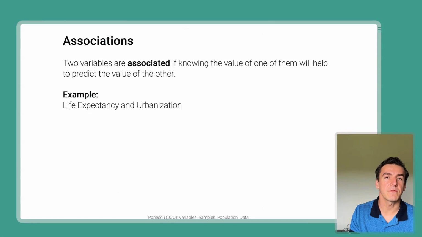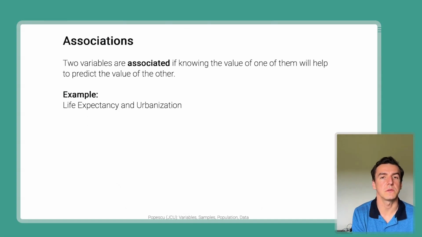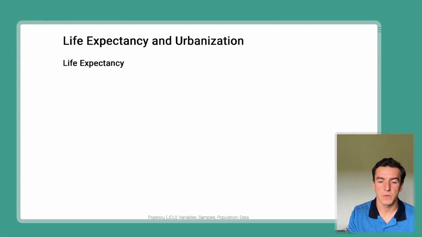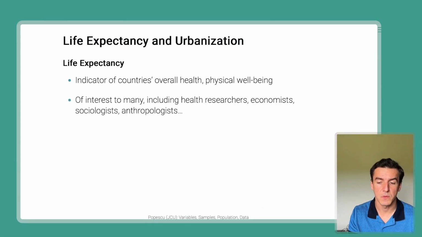So let us think, for example, about the relationship between life expectancy and urbanization. So urbanization is a measure for how urbanized or how urban different areas of the world are. So life expectancy, on the other hand, is an indicator for the overall well-being, physical and mental well-being of people, of citizens in a country.